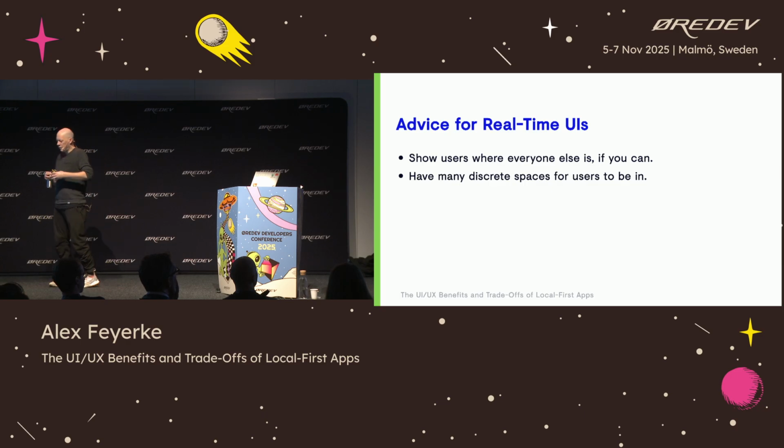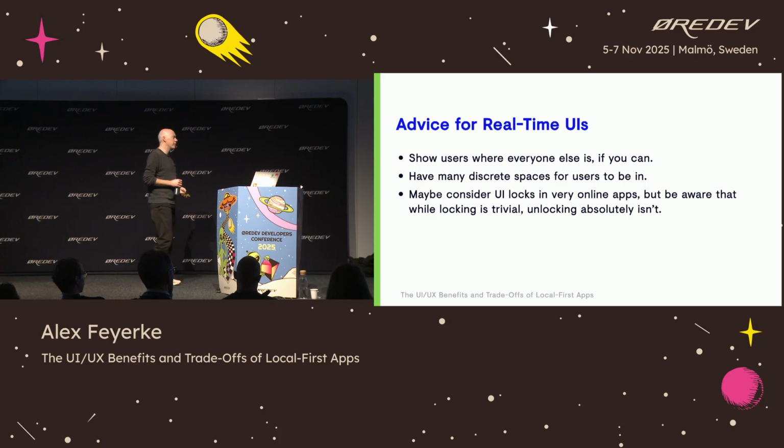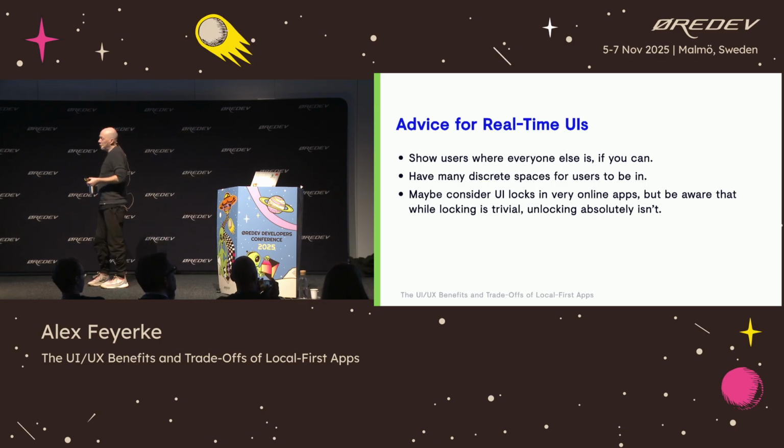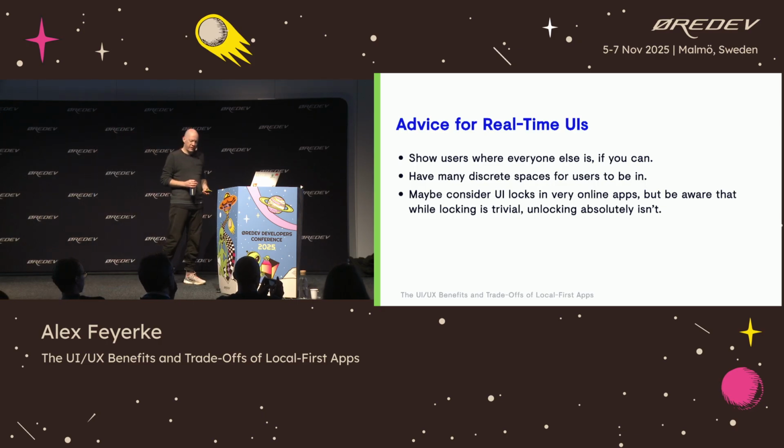If you can, split people into different spaces so fewer of them can collide with each other. If your app is extremely online, you can consider locking UI elements when people are doing things with them. But be aware that locking things is really trivial, but unlocking things has loads of edge cases and can get really complicated. It may not be worth the trouble.